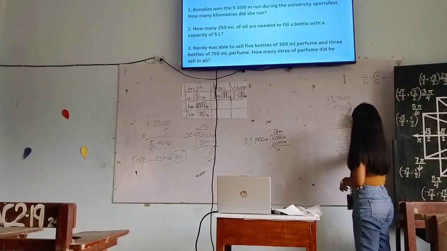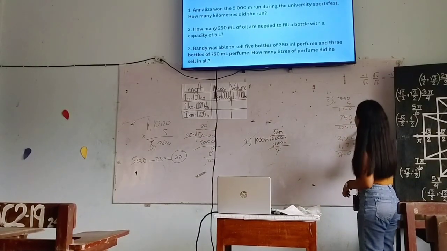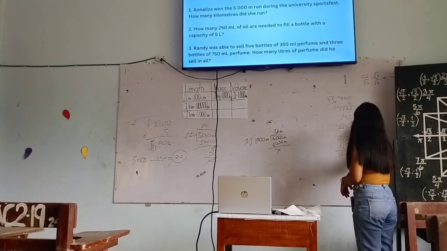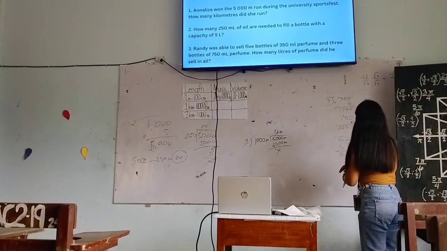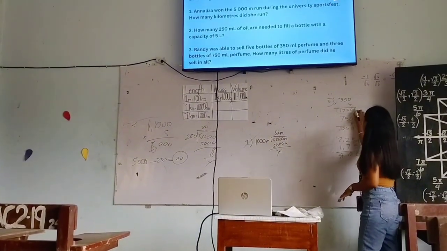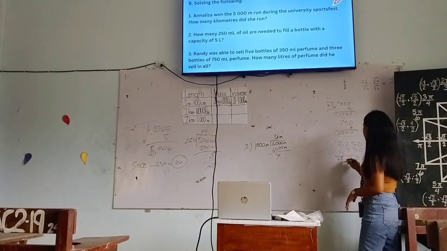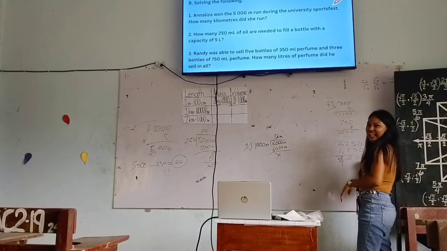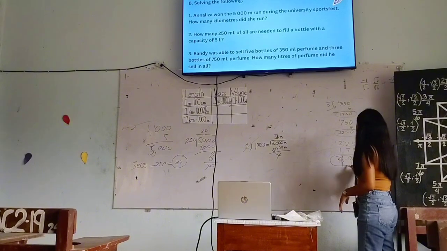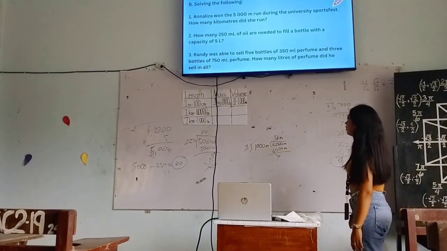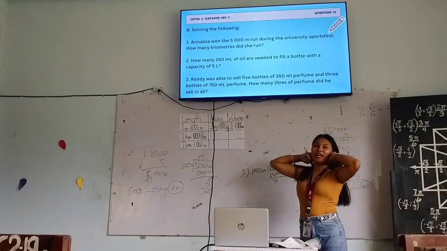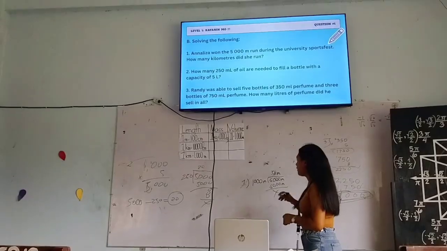Then, next is 750 times 3. After this, you are going to add these two. Then, this will be the result. Good. I bet that you all understood our lesson today.